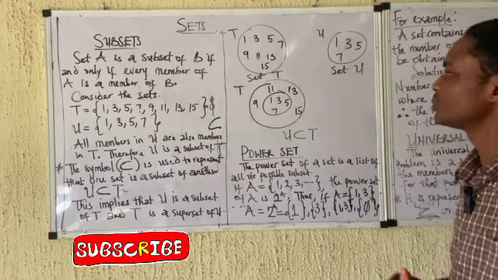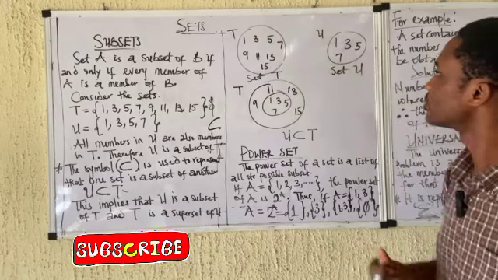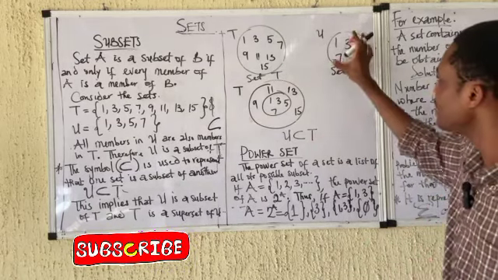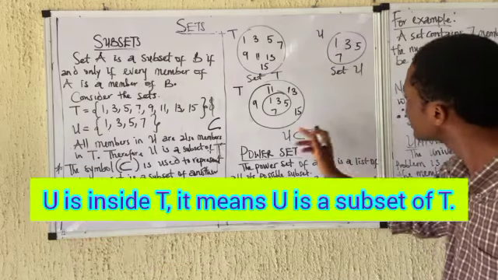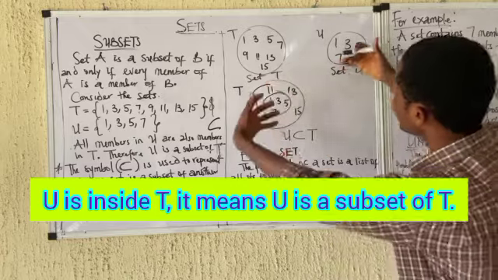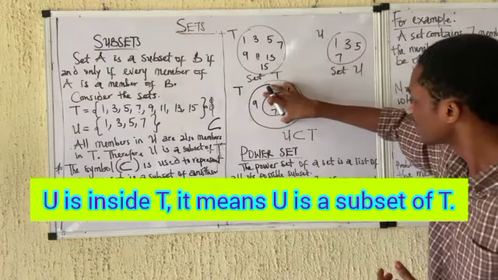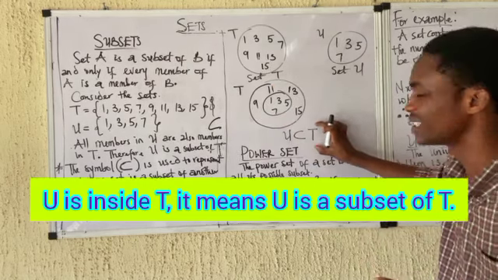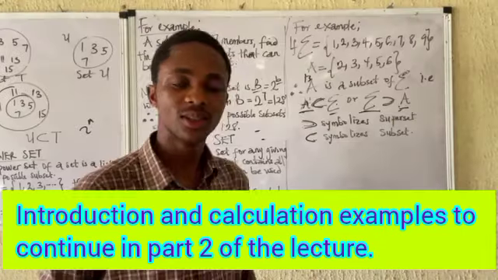If you look at these circles, these sets, you discover that the elements that are in U are already in T. See, they joined the two circles together. U is inside T. That is to say that U is a subset of T, while T is a superset of U, vice versa.